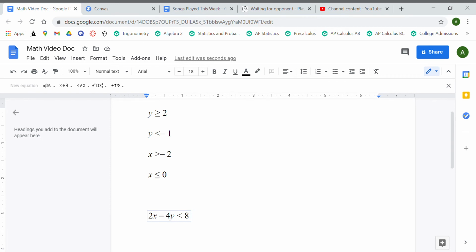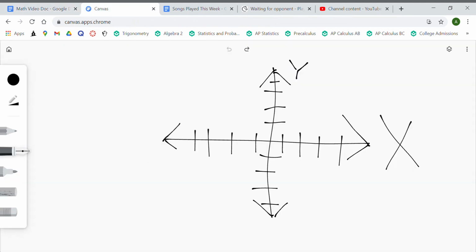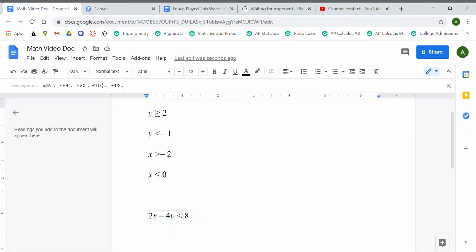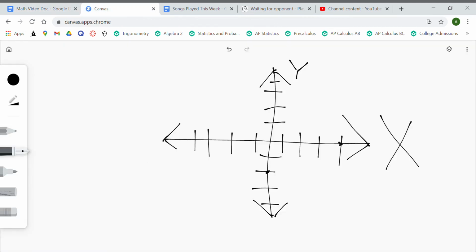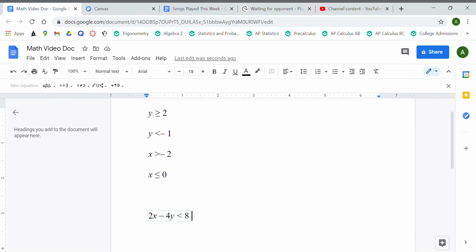Now we're ready to graph. So 8 divided by -4 is the y-intercept. That would be -2. And then we get 8 divided by 2, which equals 4. And now we can graph this. Now look at that. We got a less than sign. Which line do we use?